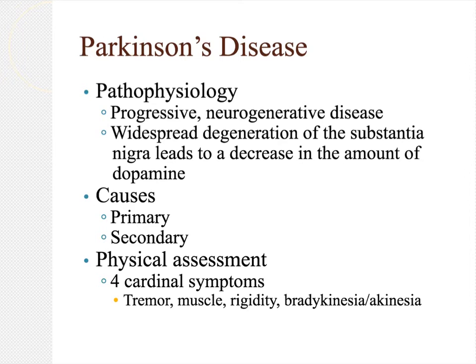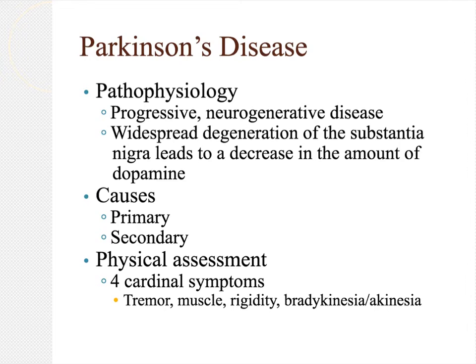Secondary Parkinson's is a drug or chemical related Parkinson's, typically caused by dopamine depleting drugs such as reserpine, phenothiazine, metoclopramide. You don't have to know these meds, but just know that it can be secondary to a certain amount of medications that's caused the decrease in the amount of dopamine leading to Parkinson's disease.